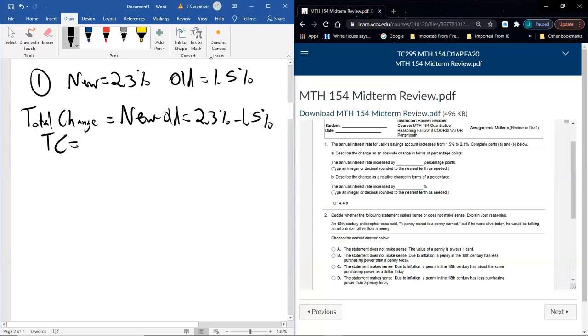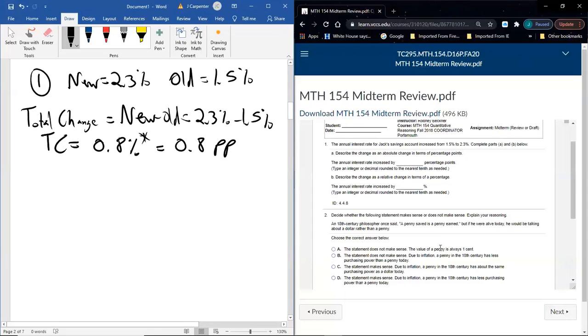So the total change should just be 0.8%. Asterisk. We don't want to use the percent symbol for a total change, so we call it 0.8 percentage points. We can abbreviate that as PP, or use the full words, percentage points. There's variations to this as well, but that's the one you should see.